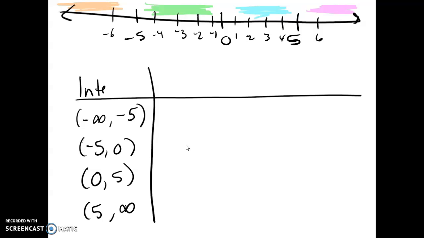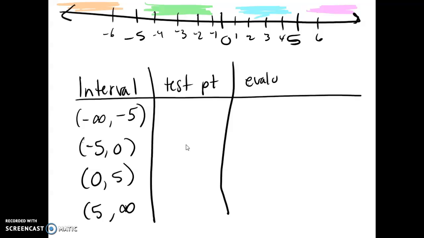So this is the interval. Then you are going to pick your test point, and then you're going to evaluate, and you're going to decide whether it's positive or negative.